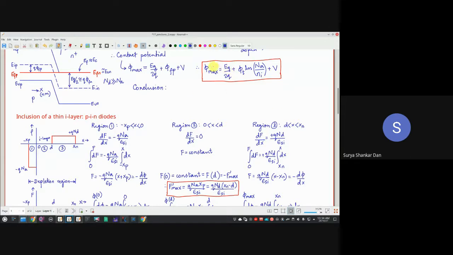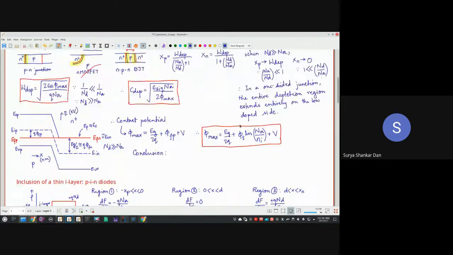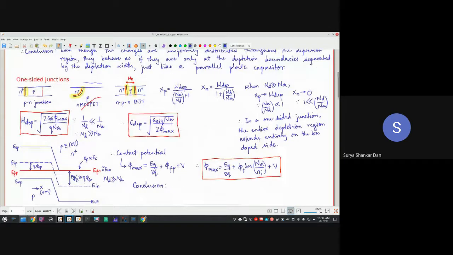That means the built-in potential of a one-sided junction is independent of the doping in the heavily doped side. So that means here you see only Na. So if you are having a MOSFET, the built-in depletion width depends only on Na. The built-in potential over here, later on we will try to relate this in terms of the surface potential also.